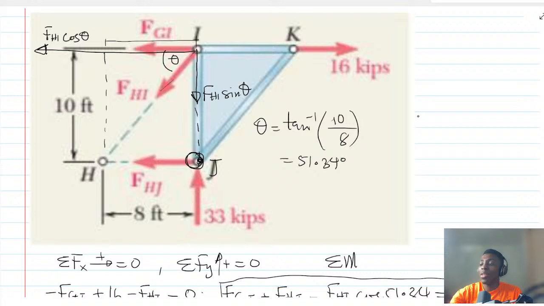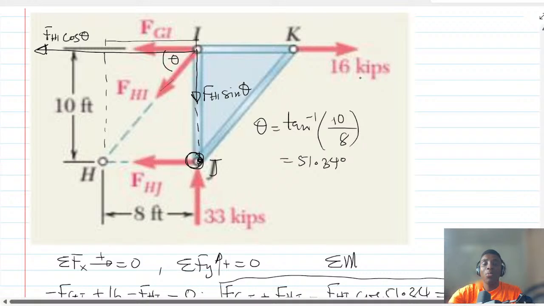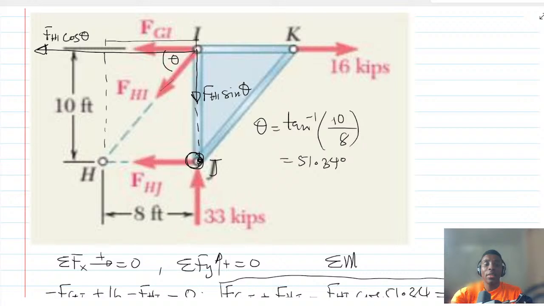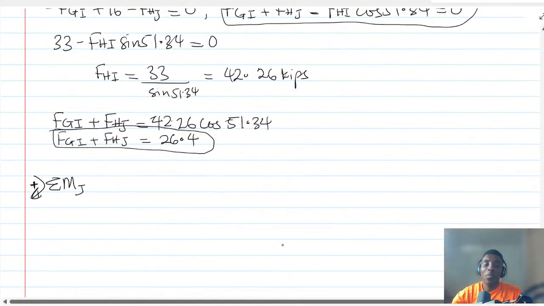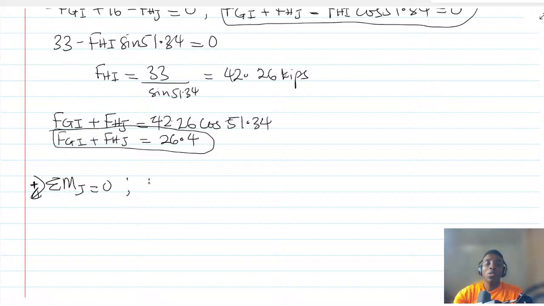Starting from the 16 kips, it will be 16 multiplied by 10 about this J here, and it is going to cause a clockwise moment.